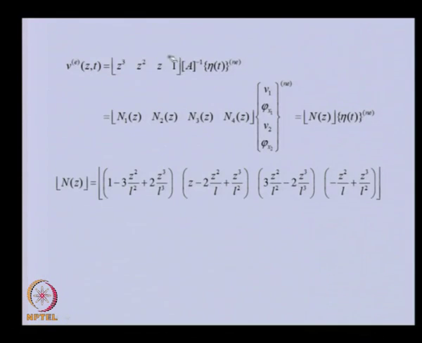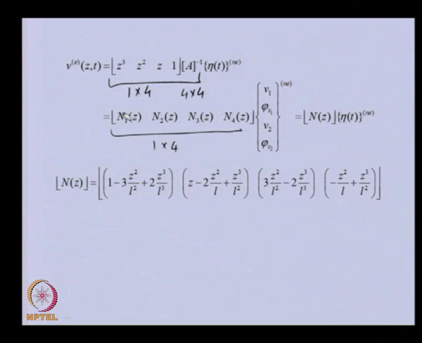That is the z terms and A inverse into nodal displacements, and if we multiply these two, let us see the size of these. We have 1 into 4 of the first row vector, and the A matrix is 4 by 4. So, finally, we should get this as 1 into 4.